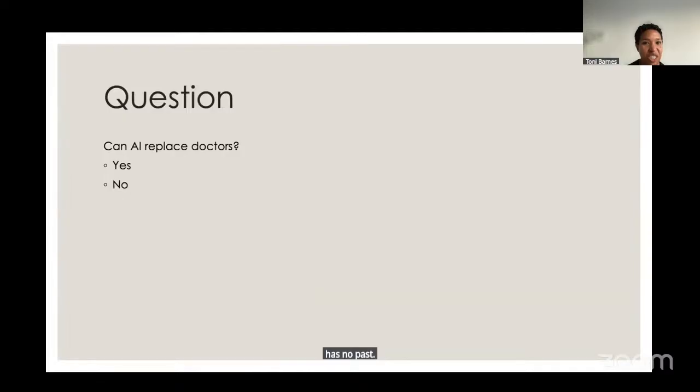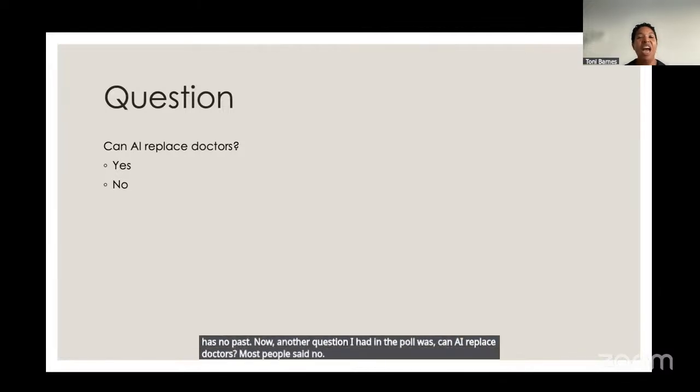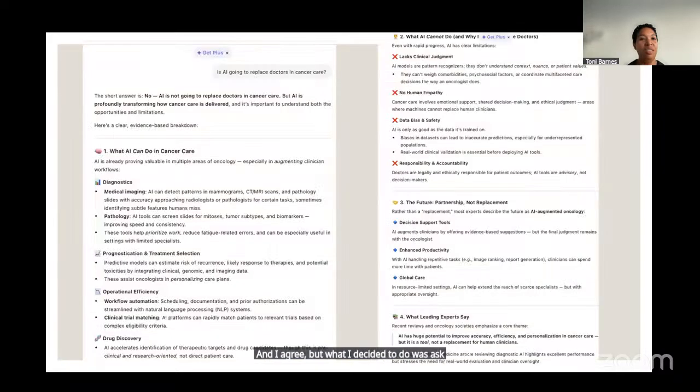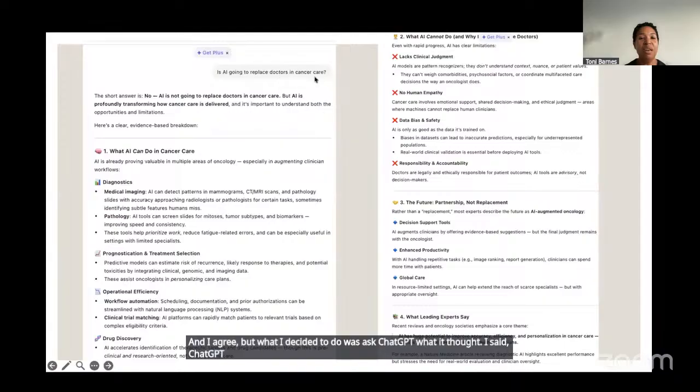Now, another question I had in the poll was, can AI replace doctors? Most people said no. And I agree, but what I decided to do was ask ChatGPT what it thought. I said, ChatGPT, is AI going to replace doctors in cancer care?